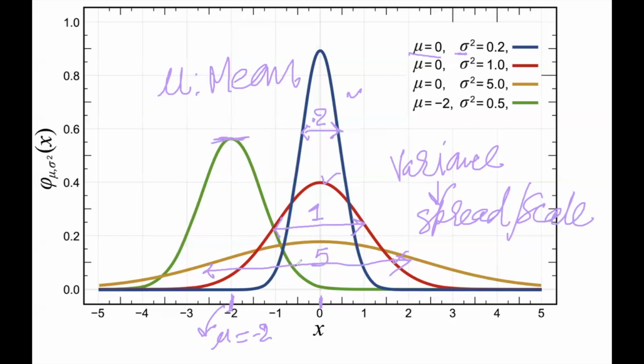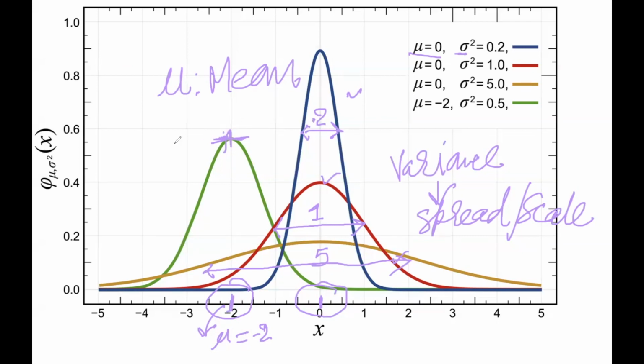The peak of the hill in the probability density function is exactly at mu. This is a point to note. Here also, the peak of the hill of the probability density function of a Gaussian distribution is exactly at mu.